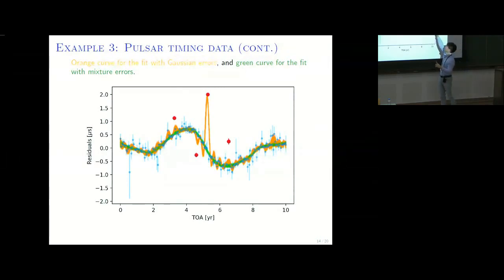As you can see, the orange curve tries to fit all the data point fluctuations and tries to fit those outliers, so it fluctuates a lot. But because our mixture error model accounts for those outlying observations, our green curve is fairly smooth. I mean, robust to these outliers.